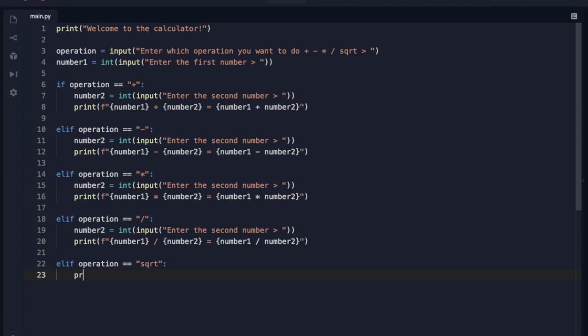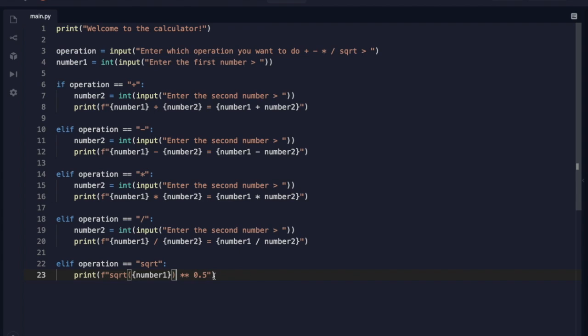And then we're going to do print, and then number 1 to the power of 0.5. So that's basically how you figure out the square root, and you also have to tell the user. So you have to put that F string and this stuff. And right now, instead of doing it like this, we're going to do sqrt, then parentheses around number 1.